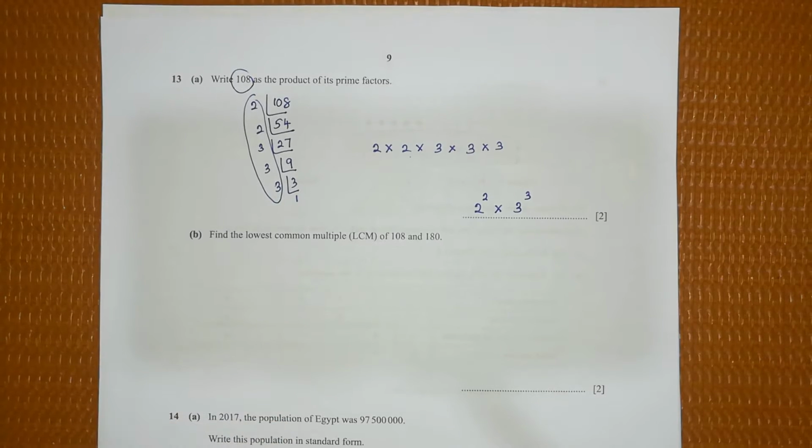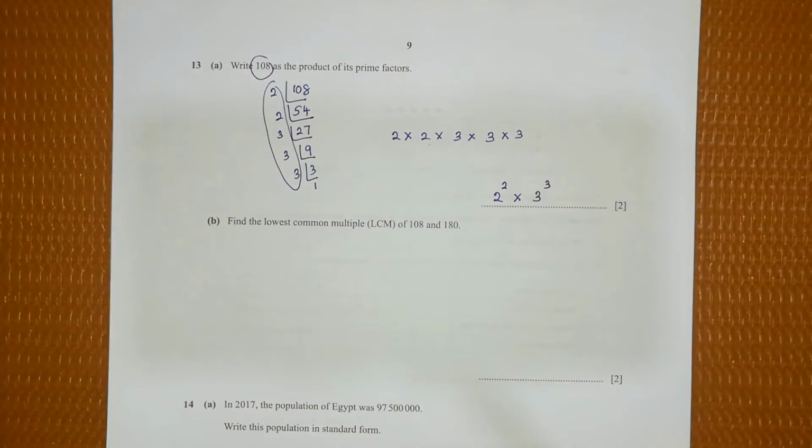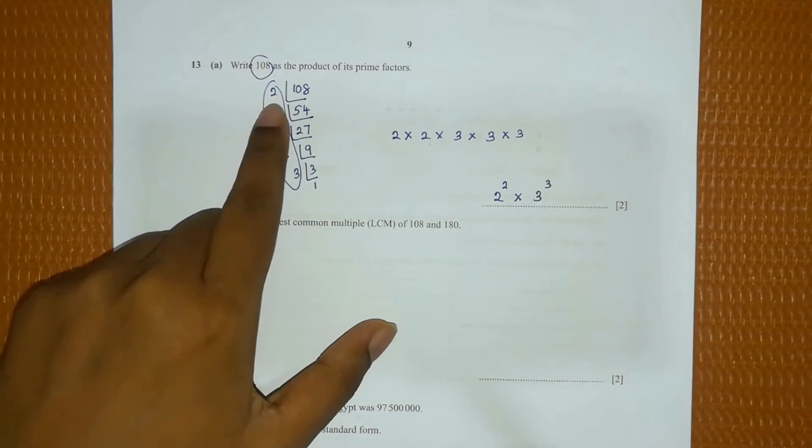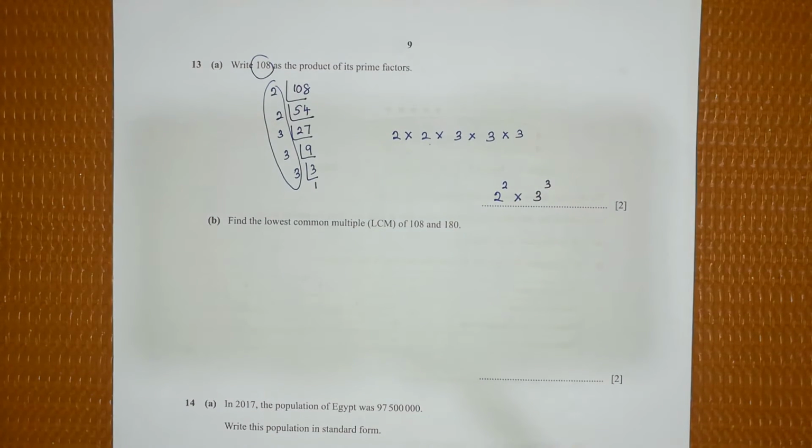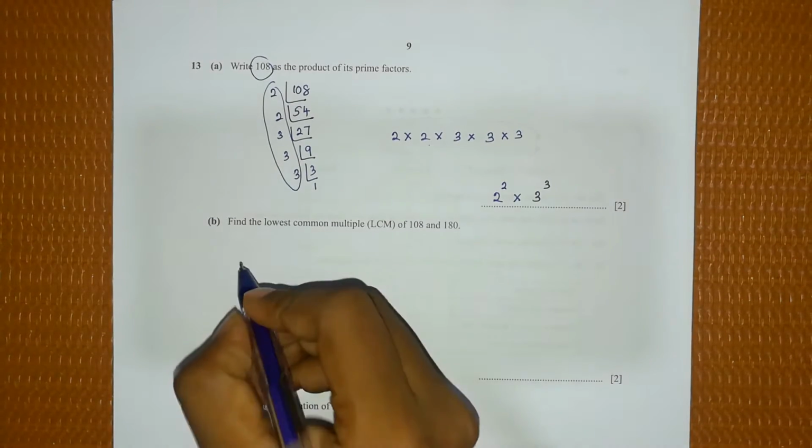Part B. Find the lowest common multiple, LCM, of 108 and 180. Now in this case, you will notice 108 we already have written as a product of its prime factors. Now we will try to write 180 as the product of its prime factors.